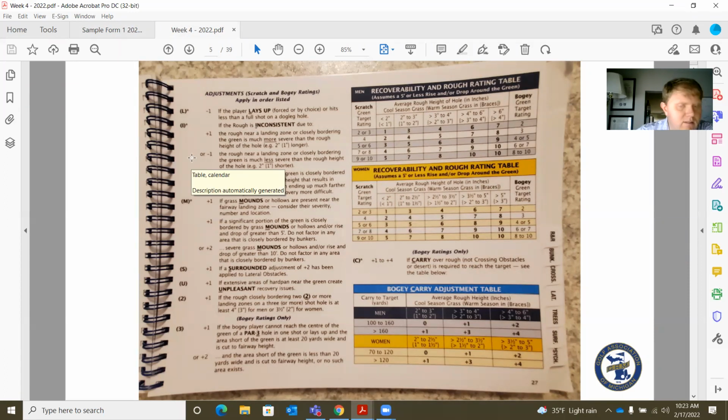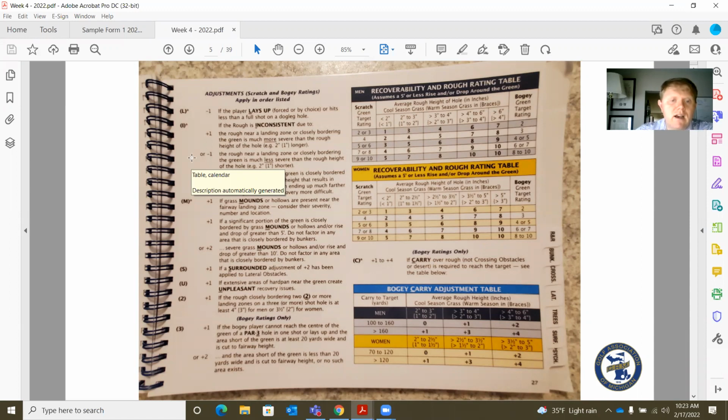So this doesn't happen a ton, but it could be something where maybe the course by design wants certain areas of the golf course to have thicker rough. Maybe it's by the green. They have two inch rough in the fairways and in the landing zones, but around the green, they want to make sure that it's important that you hit the greens and hit accurate approach shots. So they increase the rough height around the greens to 4 inches.